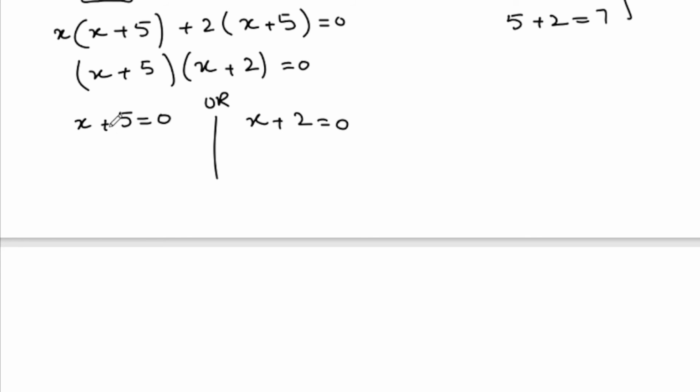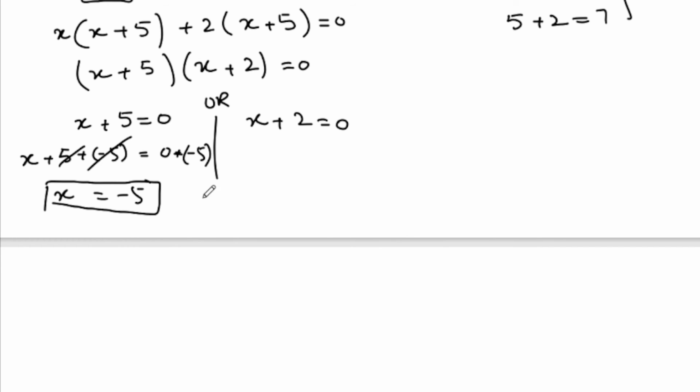By adding negative 5 on both sides, here x plus 5 minus 5, and here 0 plus minus 5. So after cancellation we have x equals negative 5.